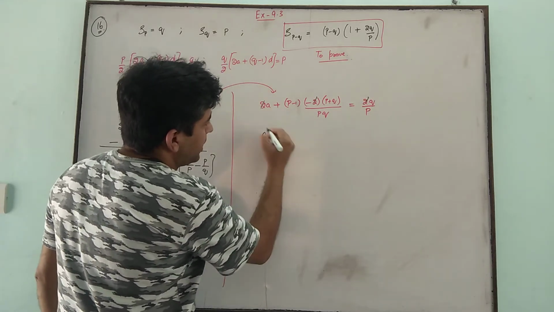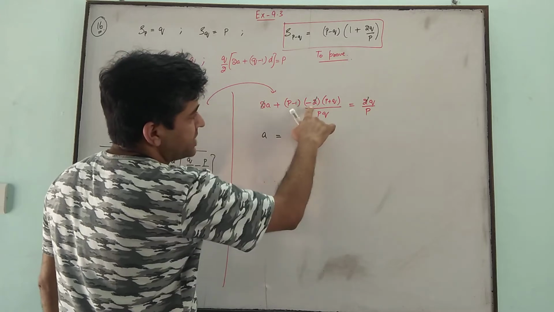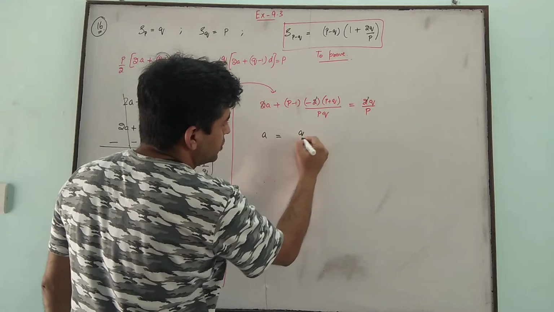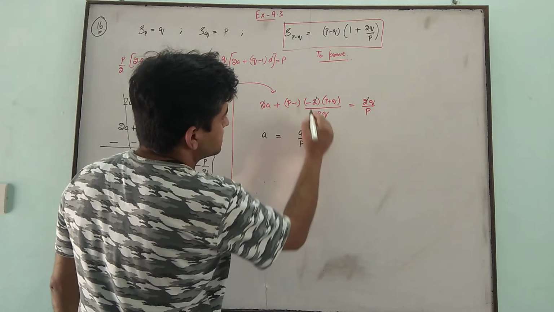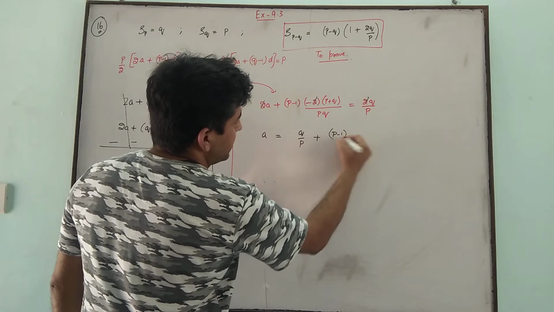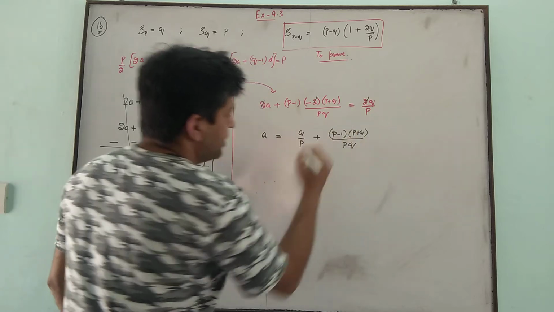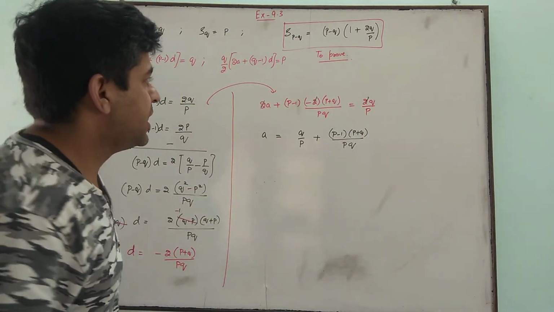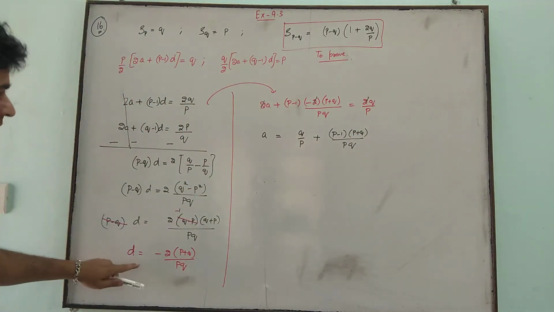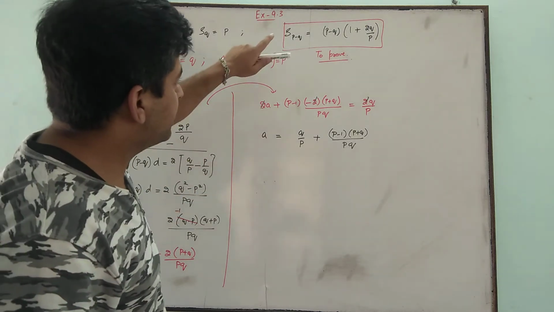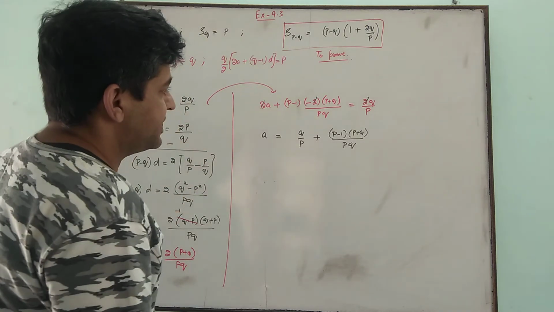So a is equal to, this is negative, on this side it will be positive, q upon p plus (p minus 1) into (p plus q) upon pq. This is the value of a. d is given, a is given, we have to put them in this formula and then simplify.